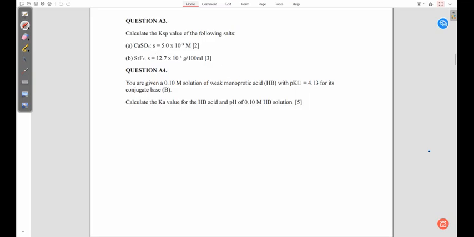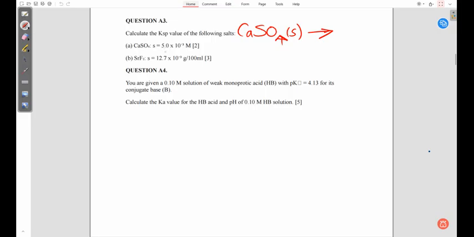For all equilibriums that we deal with, what you need to know is that we are able to write the K expression. For the solubility equilibrium, basically what happens is you have to write down the dissociation reaction. We always start with a solid, and then it will split into aqueous states.